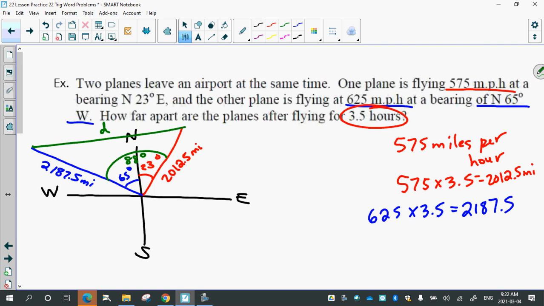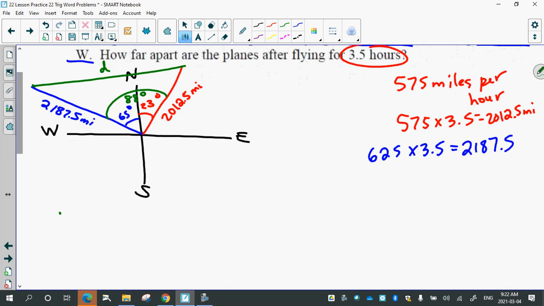So now, it's not a right angle triangle. Do I have a side angle pair? No, so I have to use the cosine law. So start off with d squared equals.